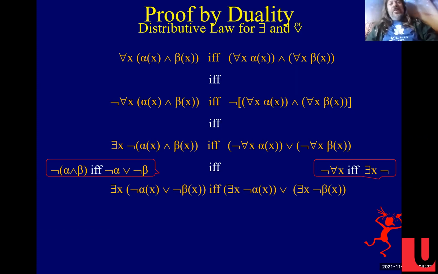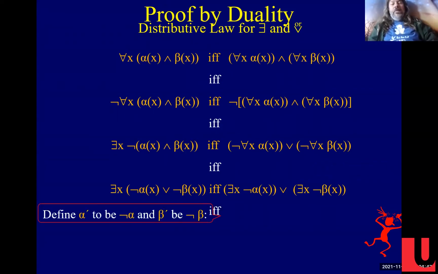All right, so what we're doing is proof by duality. We assume this top statement at the beginning, and now we're trying to switch all the for alls to exists and all the ands to ors, using the various rules that we have. We started by negating the outsides and bringing the negations in.